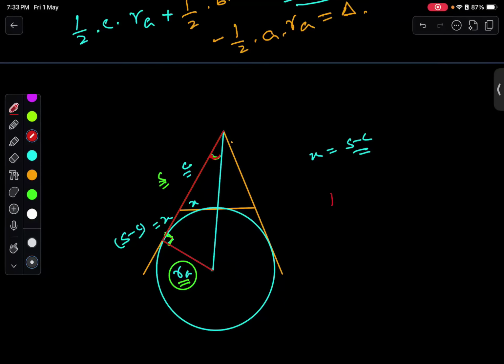Tan of A by 2 is equal to RA by S. So RA is equal to S into tan A by 2. Similarly RB and RC, we can find all the values.